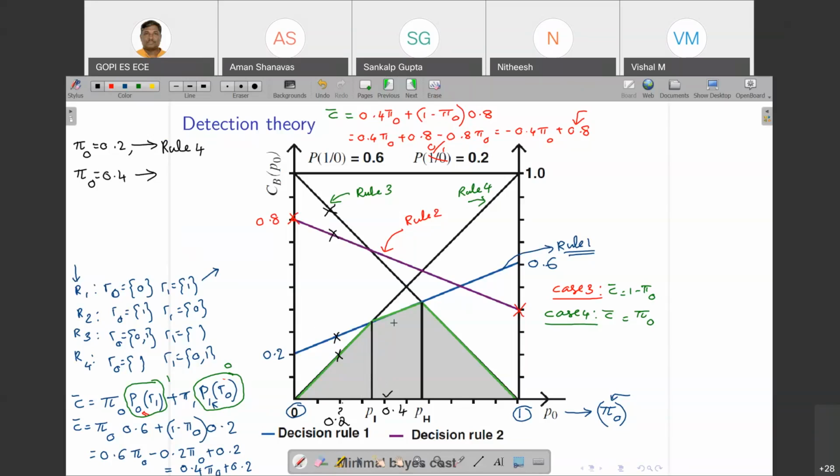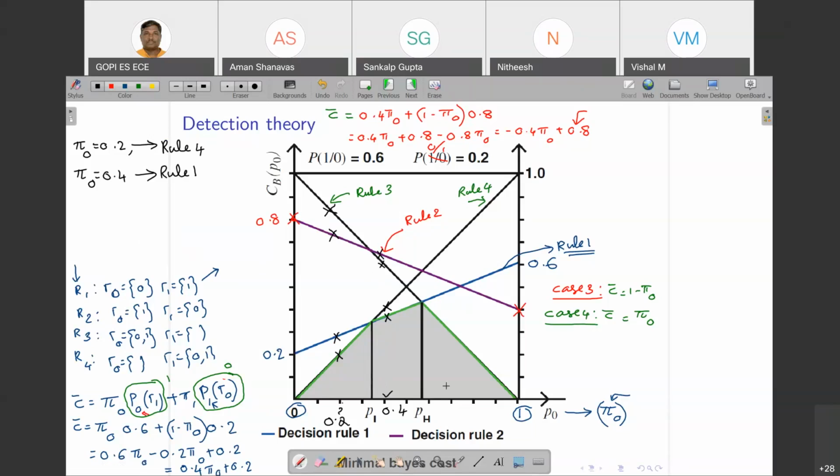For this 0.4, I have the cost function values here, and among these 4, this one is minimum. This is rule 1. So if it is 0.4, then I have to go for rule 1.